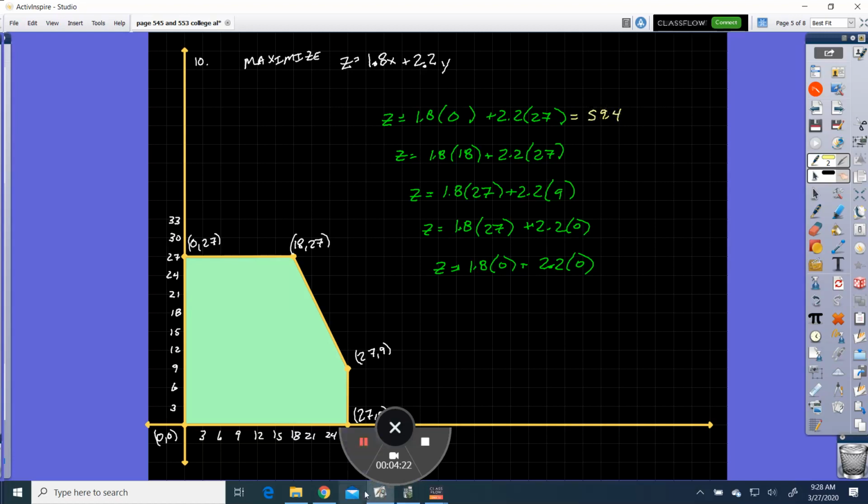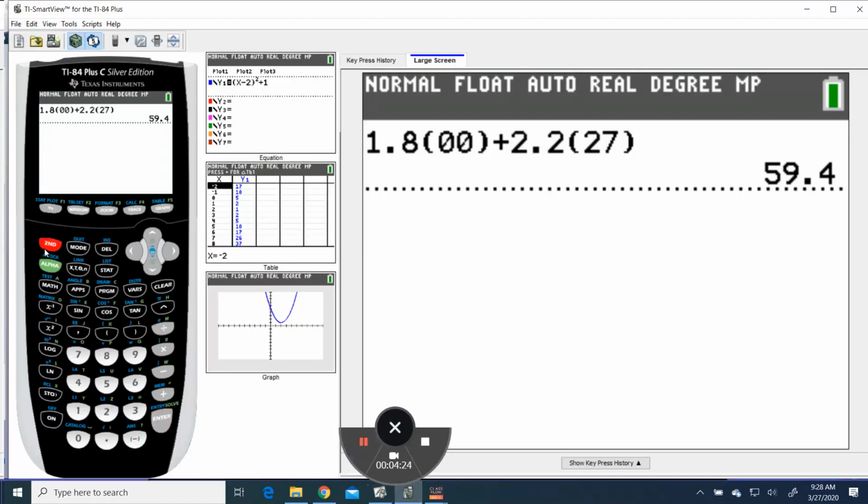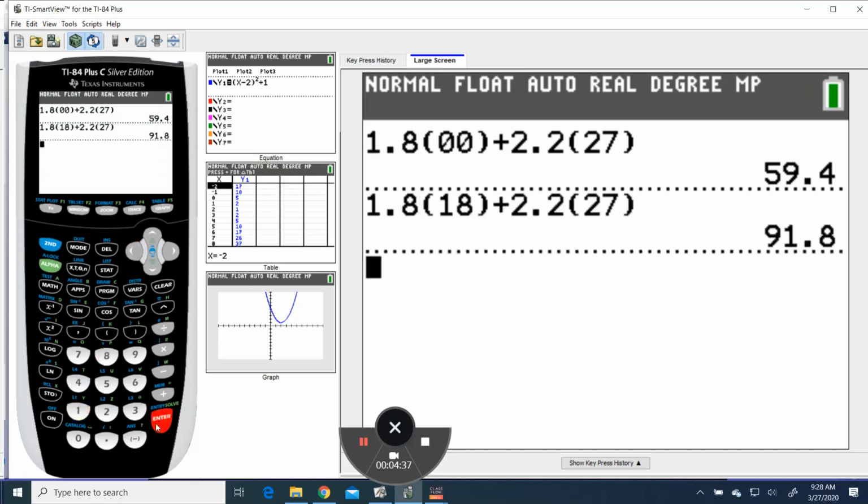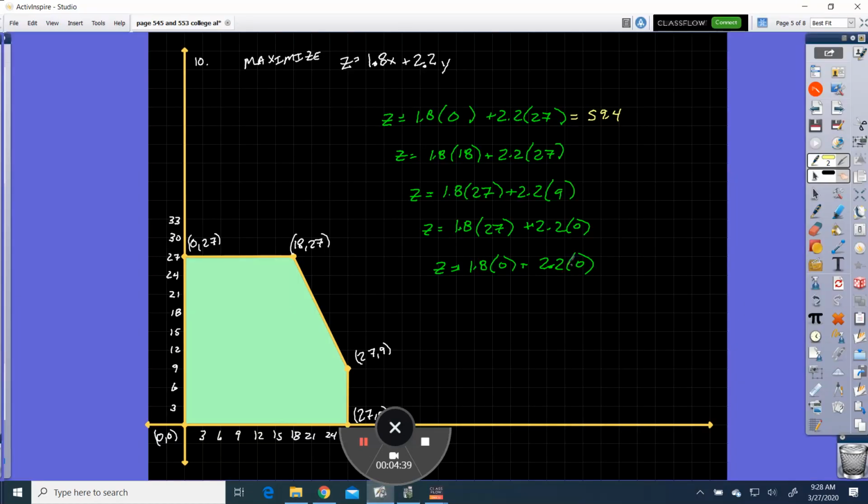So now the next point is 18 and 27. So I'm going to hit second enter. And where those zeros are, I'm going to go back and hit 18. So that's 91.8. Now it's 27 and 9.